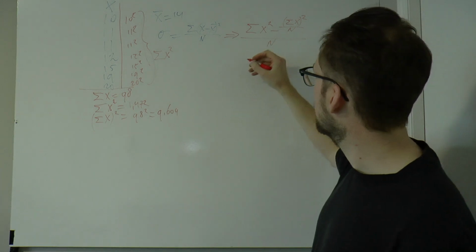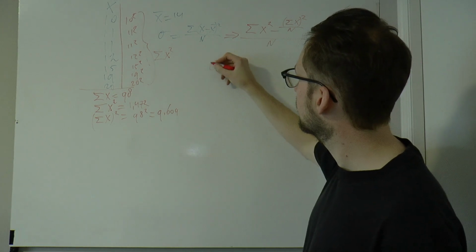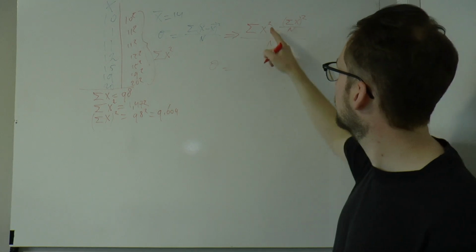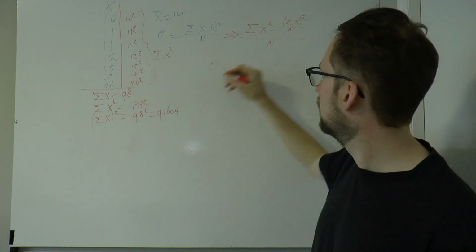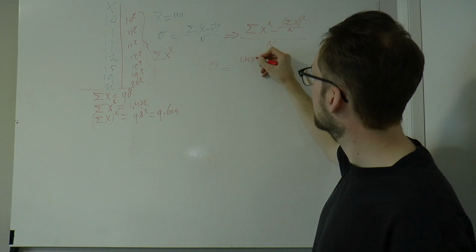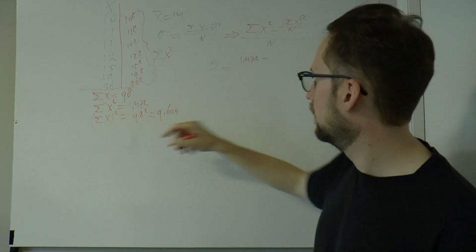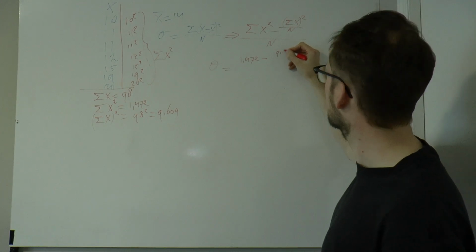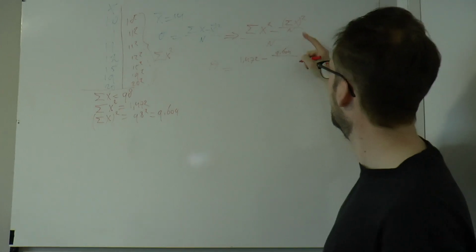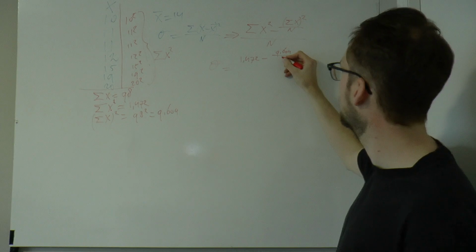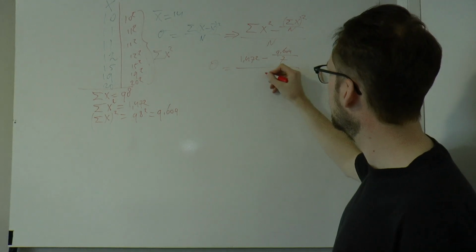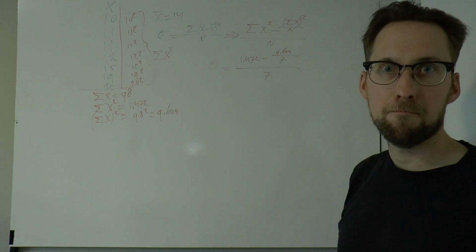But with this formula, what I say is sigma equals the sum of all x's squared, 1,472, minus the sum of all x's squared, 9,604, divided by big N, well that was 7, and then the whole thing divided by 7 again.